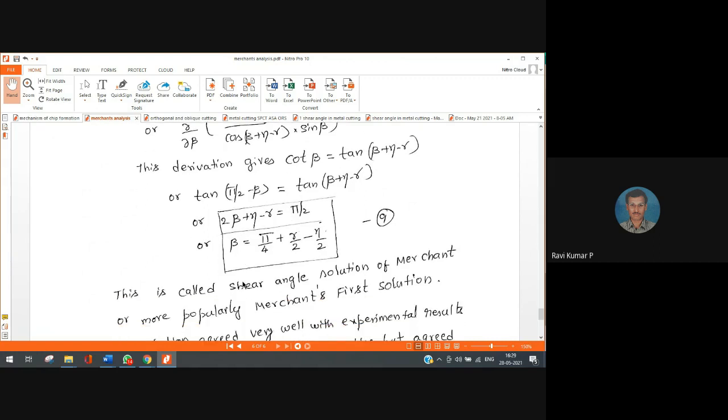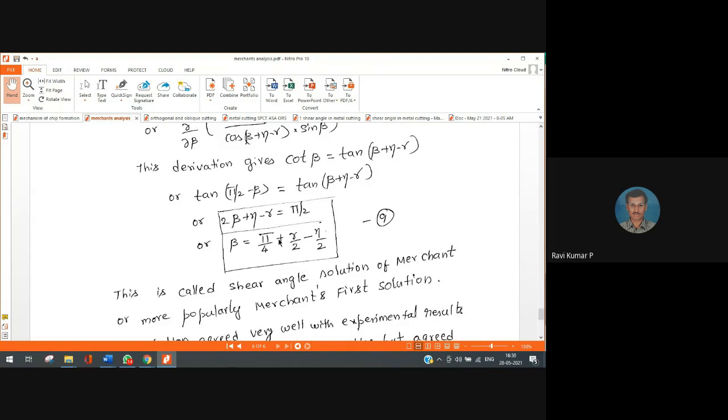This is called the shear angle solution of Merchant's, popularly known as Merchant's first solution, right? This type of solution is called a shear angle solution. Earlier we discussed what the value of the shear angle can be, where tan beta is equal to r cos gamma by 1 minus r sin gamma. Good.